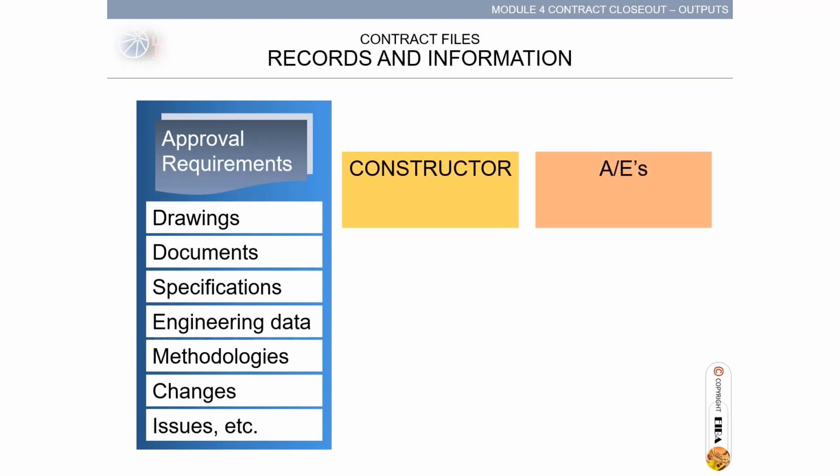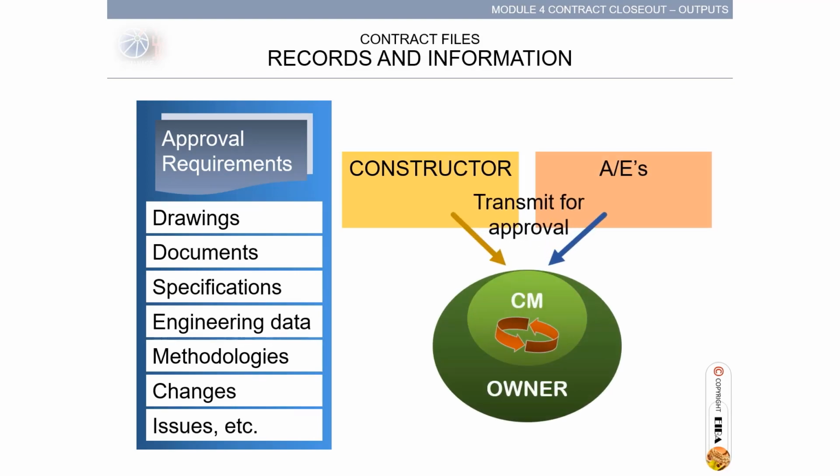These parties transmit for approval the records and information to CM, who is the owner's representative, and the CM returns approvals to constructor and architects, engineers. The project must have procedures for approving records and information.